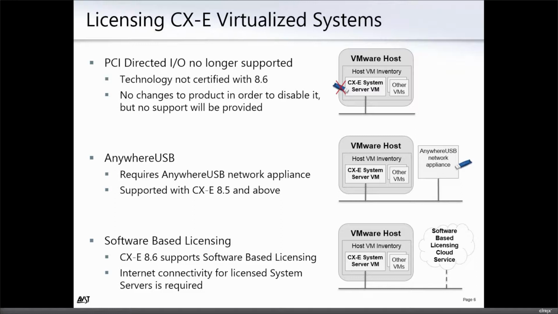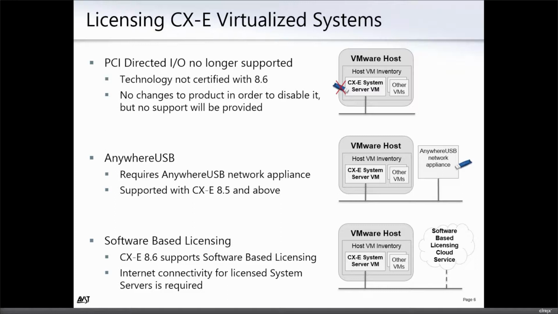You still can use a dongle, but you would have to use the Anywhere USB network appliance. The way that works is our software looks out across the network to see that dongle. And there are reasons for that. We have a number of customers, mostly government customers, that don't install CXE such that it can actually see the outside world on a network.